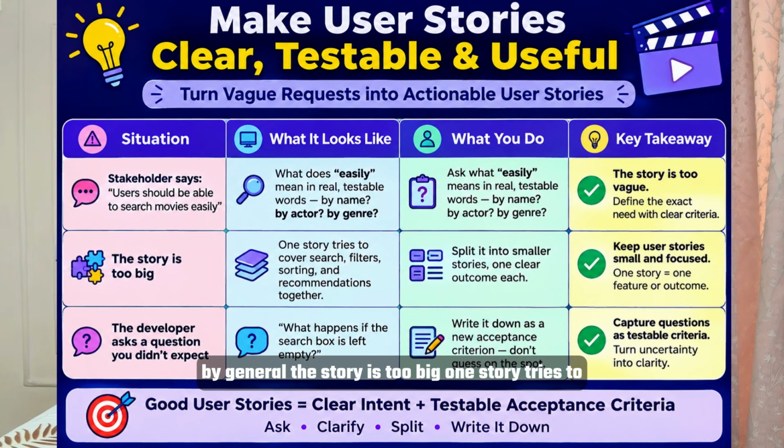The story is too big. One story tries to cover search, filters, sorting and recommendations together. Split it into smaller stories, each with a clear outcome. The developer asks a question you didn't expect: what happens if the search box is left empty? Write it down as a new acceptance criterion. Don't guess on the spot.